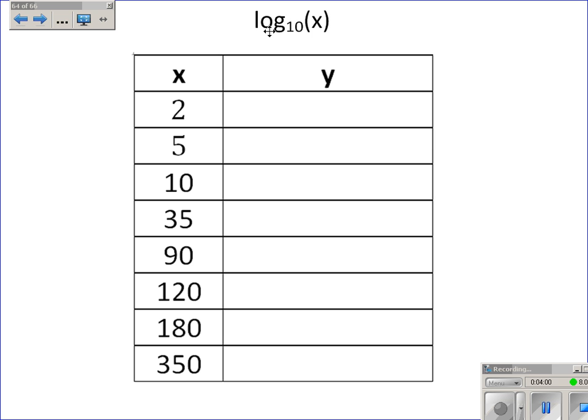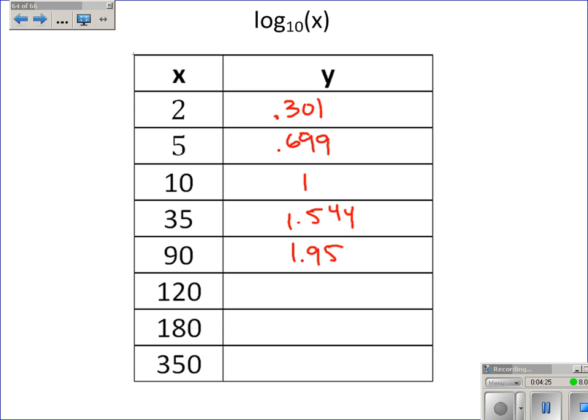But I have log of 2, I get 0.301. The log of 5 is 0.699. The log of 10 is 1. The log of 35 is 1.544. The log of 90 is 1.95.